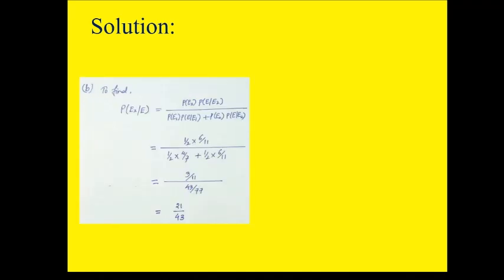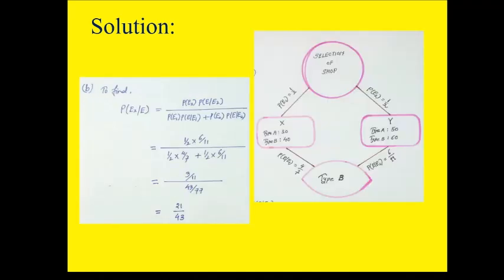Second part, in the second part we have to find the probability that it was taken from shop Y. So we have to find P of E2 given E. That means this is the favorable number of ways by total number of ways, and the denominator value we have already found out, the total probability.